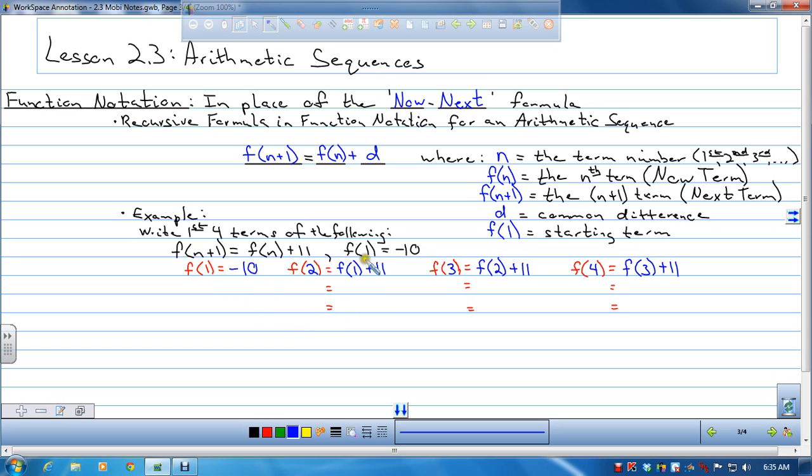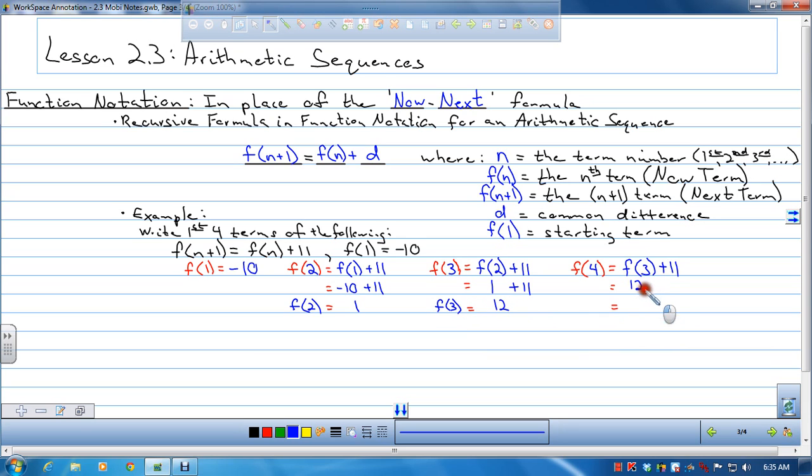Okay, let's go back and go ahead and solve these. F of 1 was negative 10. When I add 11 to that, I get 1, right? So f of 2 is now 1. F of 2, therefore, that's 1 plus 11 to get 12. So f of 3 is 12.